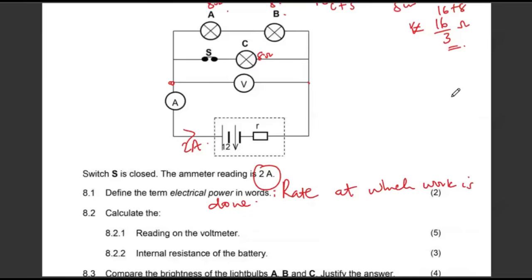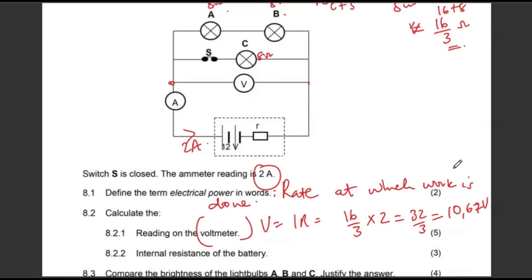Since we are looking for the voltmeter reading, we know that V is equal to IR. So it's going to be 16 over 3 multiplied by 2, which is 32 over 3. When I punch that in the calculator, it gives 10.67 volts. So this 10.67 is the external voltage.